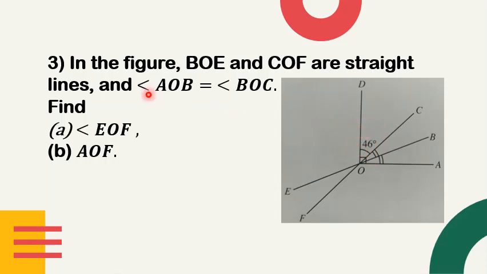And since it says that angle AOB is equal to angle BOC, it means you can divide the value into 2, correct? So how do you divide that? The right angle minus this value, and then you have to divide by 2 to get the value of BOC. And then automatically it is equal to angle EOF.